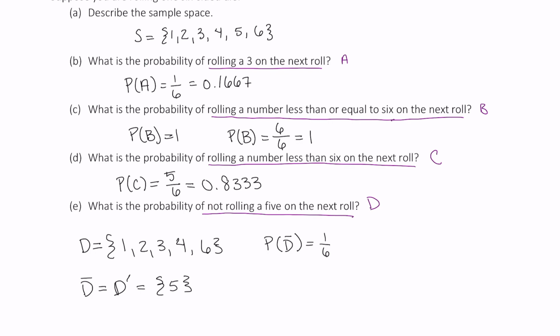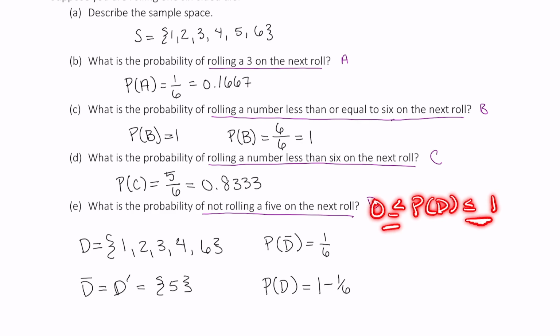So that tells me that the probability of D, of not rolling a 5, is 1 minus 1 out of 6. That's because all probabilities are values between 0 and 1. So the probability of D has to be less than or equal to 1 and greater than 0.